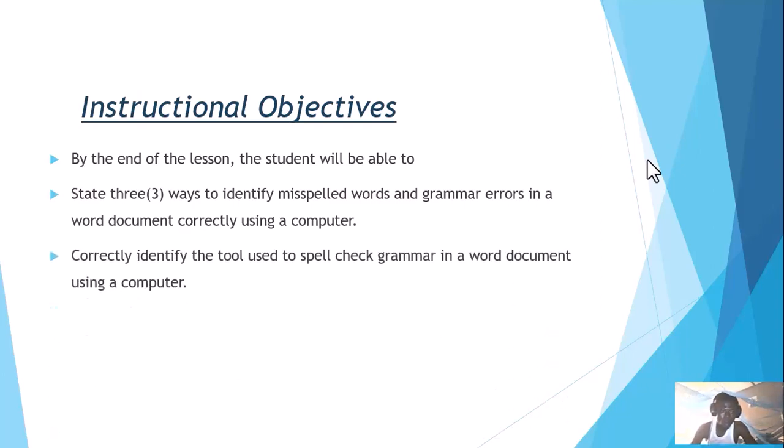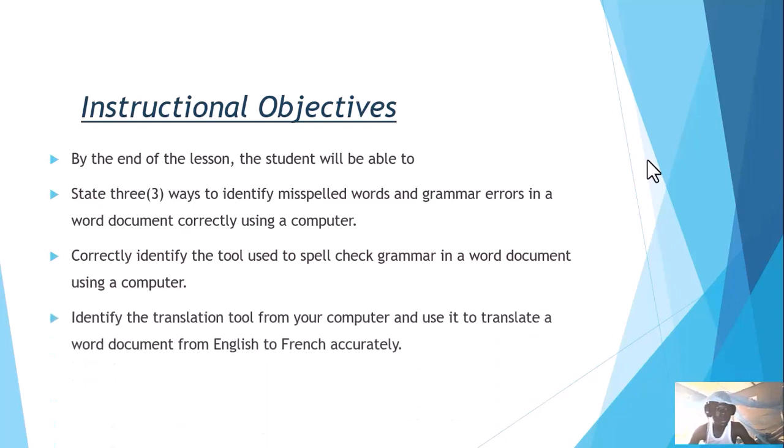You should correctly identify the 2 tools used to spell check grammar in a Word document using a computer. Identify the translation tool on your computer and use it to translate a Word document from English to French accurately. So these are the objectives. These are what's expected of you after this lesson.